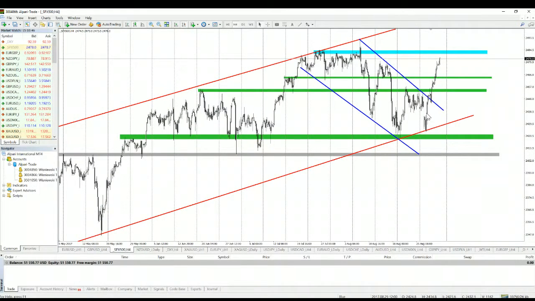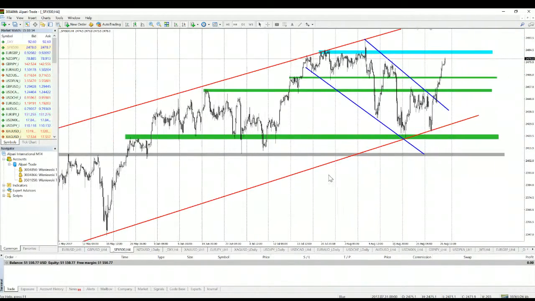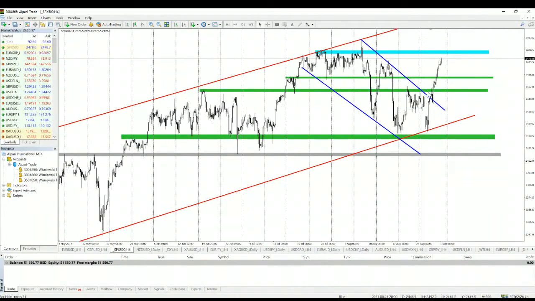S&P 500. S&P 500 is doing what was expected from S&P 500, so it's climbing higher. After the V-shaped retracement from the long-term uptrend line, the price is climbing higher. We broke the upper line of the flag, which is at the same time the neckline, so that's an inverse head and shoulder formation. We broke first support, second one, and as I said a few days ago, when we are here, the chances that we will hit the new all-time highs are very high, and we're aiming for that just straight.